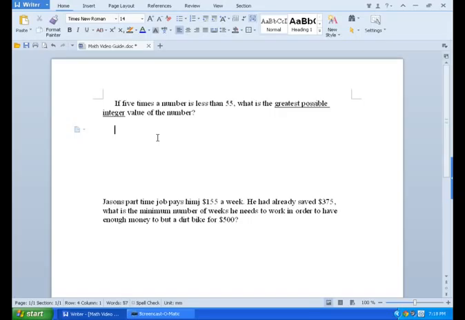Okay, so 5 times a number is less than 55. What is the greatest possible integer? I'm going to highlight that.